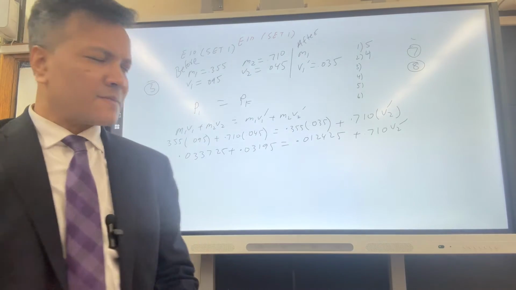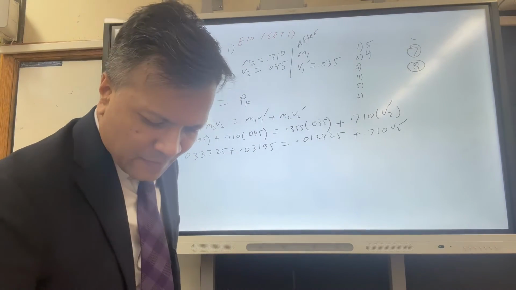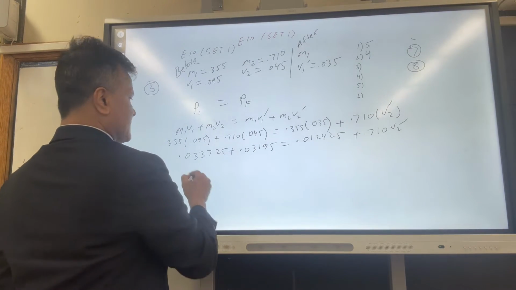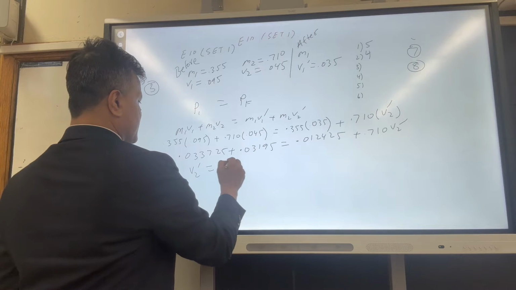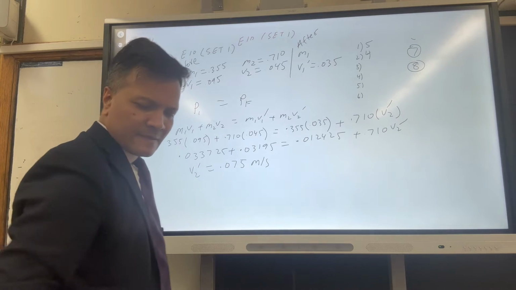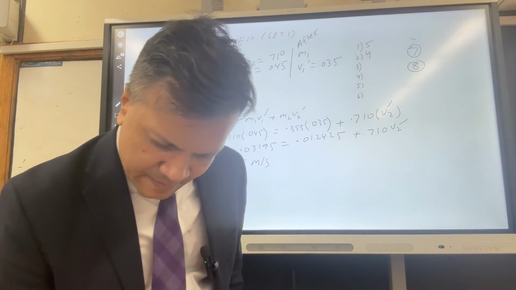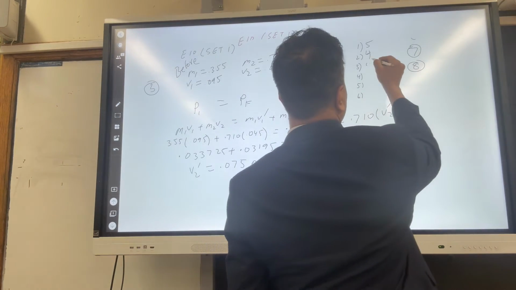Okay, so this is lots of points. v2 prime is 0.075 meter per second, and that must be 4. Problem 3 is 4.